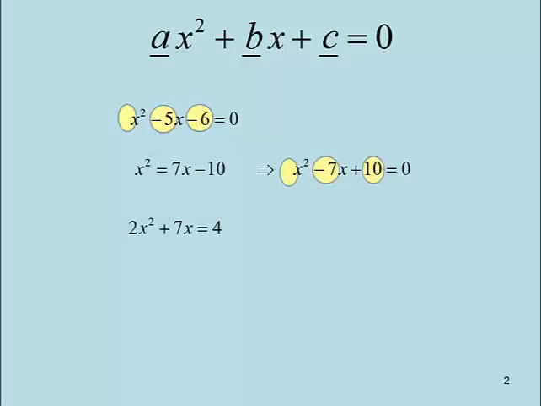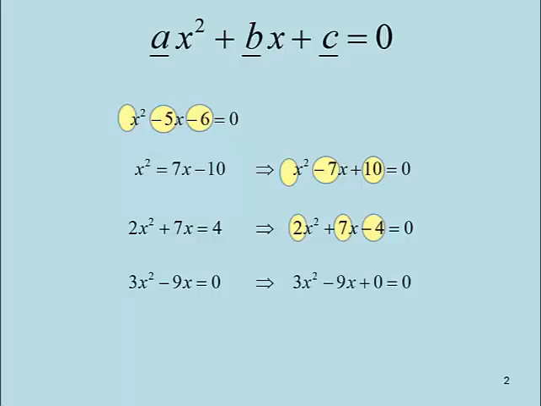The 4 needs to be moved over to the left. And there is no third component, so the c would be a 0 in this one. And another one, we need to move everything over to one side. The a, b, and the c are evident.